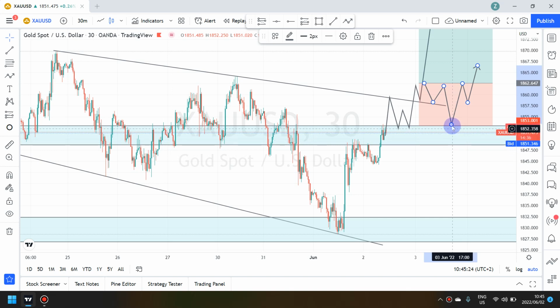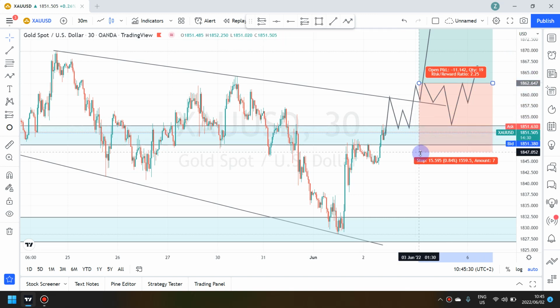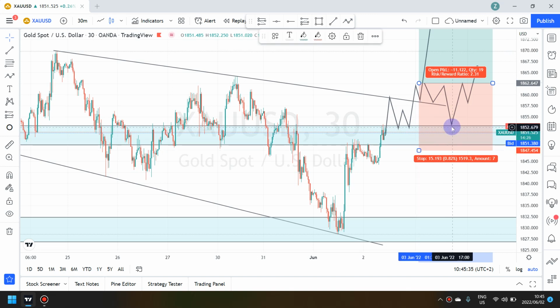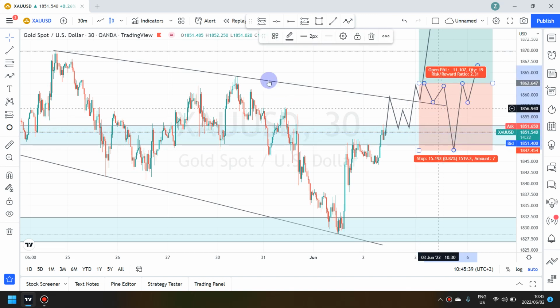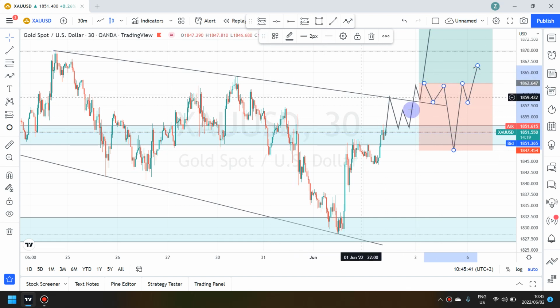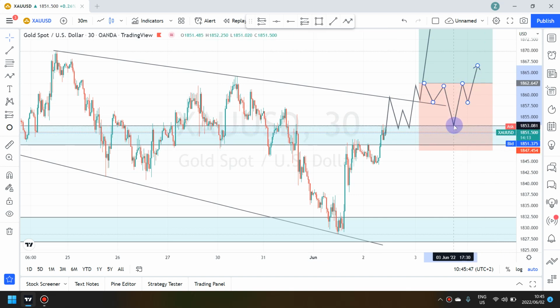So if the market reaches here, then I will set my stop loss there, just below the zone. Then if it does touch my stop loss, that means it's a fake out and we are still inside this trend here, and that's how it invalidates my setup.